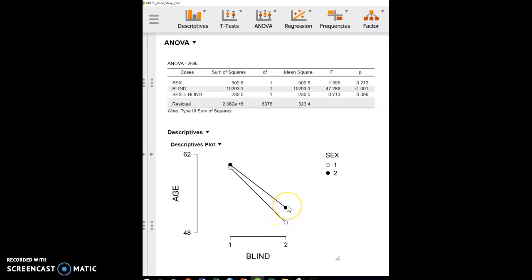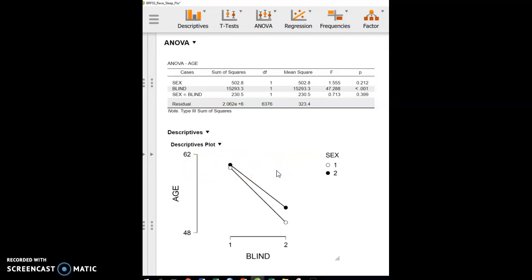Whereas the average age of the non-blind females was a little bit higher, maybe 52-ish, 53. Both of the groups who reported being blind or extreme visual impairments, both the males and the females, were similar to 60, somewhere around 60.